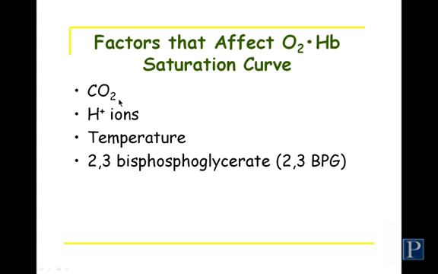Carbon dioxide, we're going to be talking about how CO2 is transported in blood, and one of the things it does is it's physically bound to the hemoglobin molecule, somewhere other than where oxygen binds. Hydrogen ions can bind. Temperature can affect the configuration. So if something binds or the temperature is affected, the shape of the molecule changes.